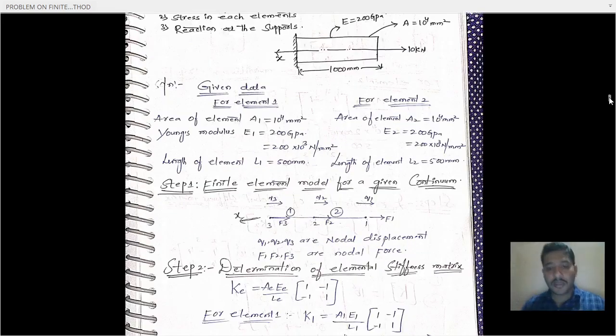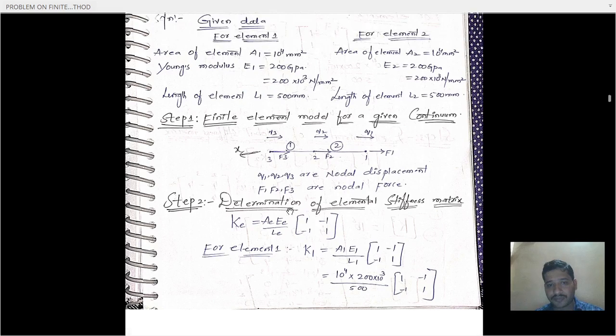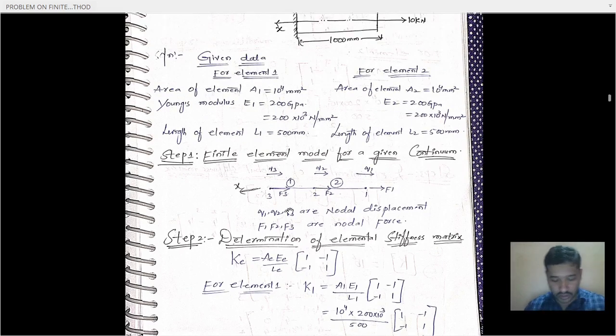Let us see. The q1 is nothing but the nodal displacement acting at point 1, q2 represents the nodal displacement acting at point 2, and q3 is the nodal displacement at point 3. And f1 is nothing but the nodal force.